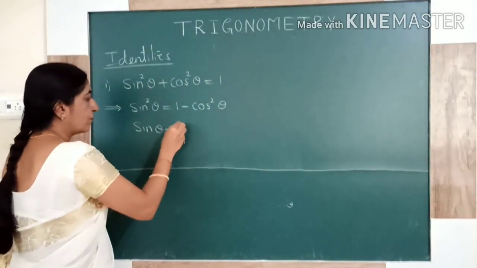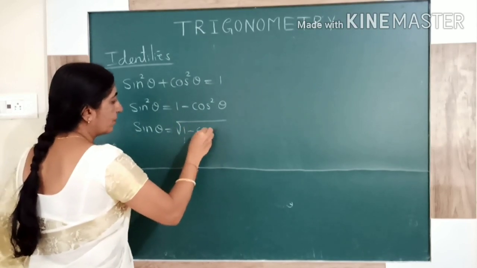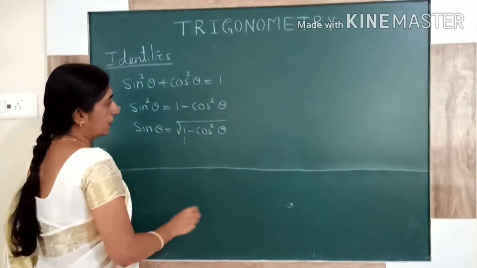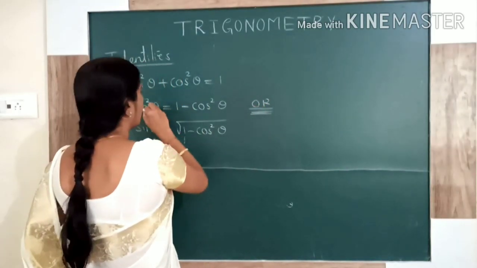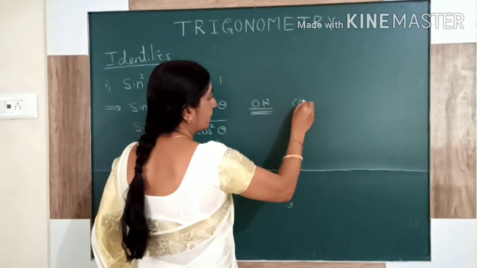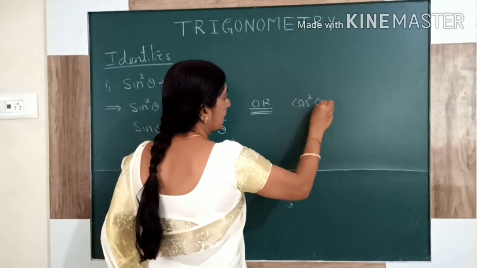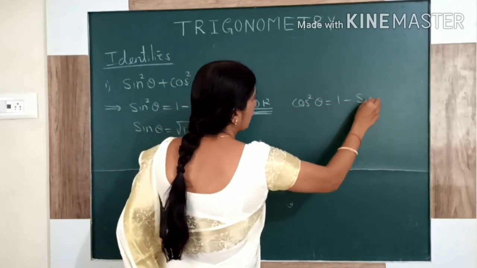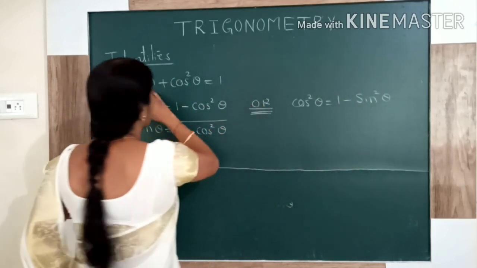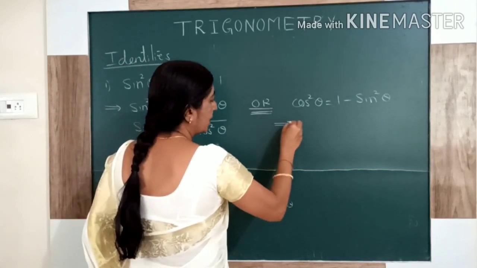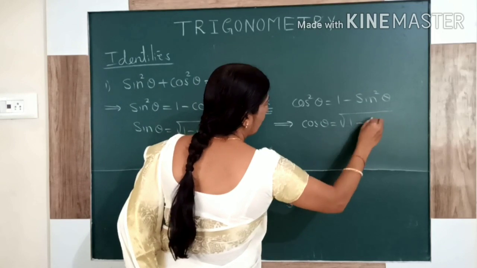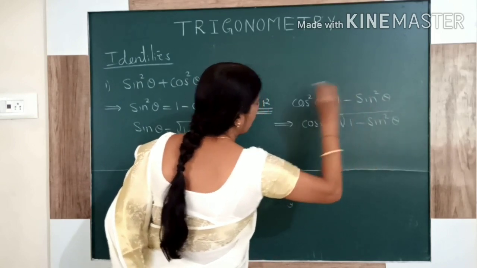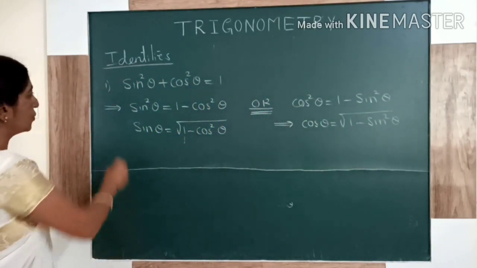Or sin theta will be root of 1 minus cos square theta. On the other side, cos square theta is 1 minus sin square theta, taking sin square on this side, or it will be written as cos theta will be root of 1 minus sin square theta. So this is the first one.